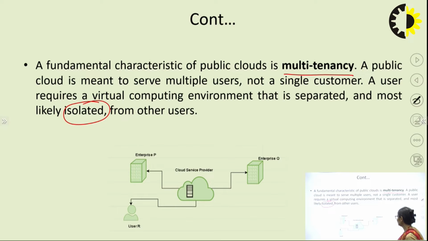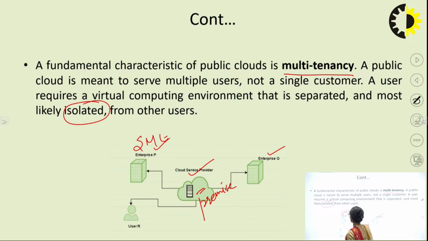If you look at the figure, we have a CSP, and everything is hosted on the premise of the CSP. Then we have two organizations here, enterprise P and enterprise Q. Enterprise P could be a small scale industry or an SME, and enterprise Q may be a big industry.